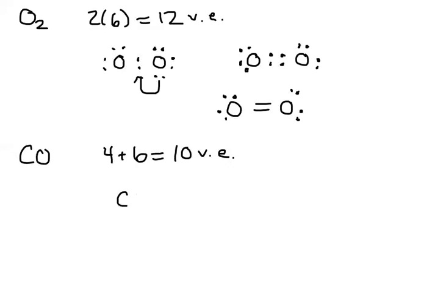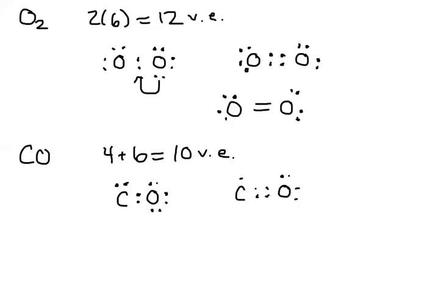CO, we're going to start with our electrons in there. So 2, 4, 6, 8, 10. Are we happy? No. Carbon only has 4. So let's put one of those lone pairs into the bond.